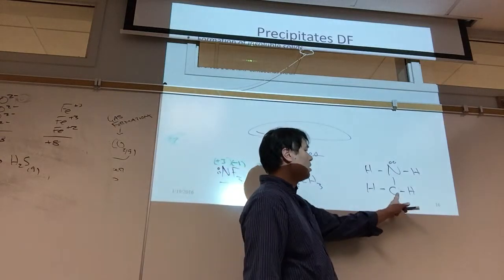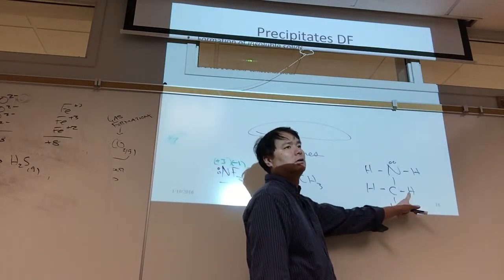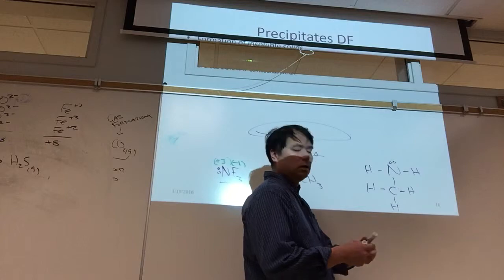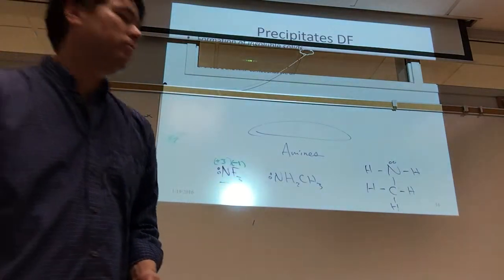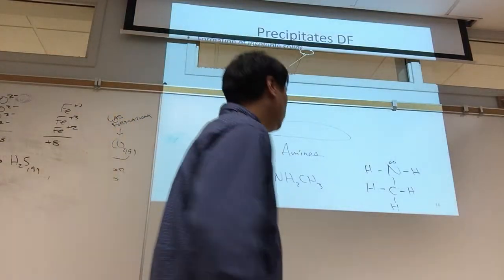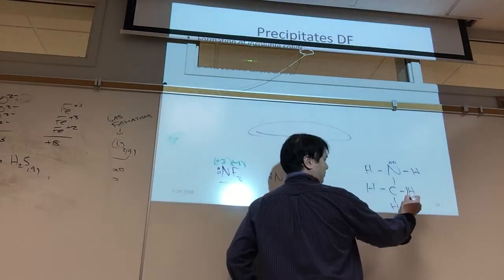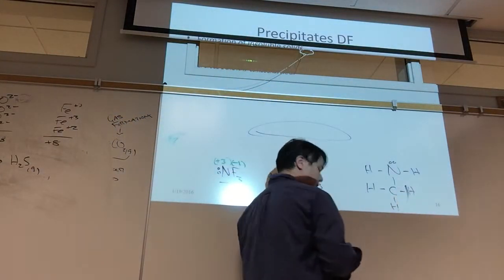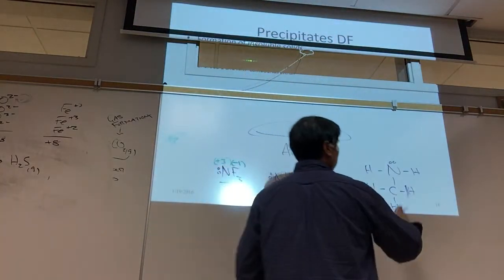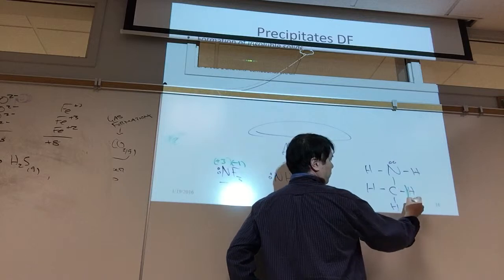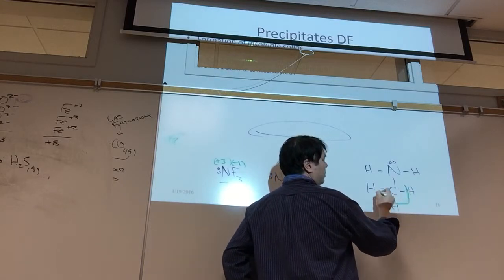Who's more electronegative, carbon or hydrogen? Carbon. Carbon's 2.5, hydrogen's 2.1. Carbon's more electronegative. Winner takes all.